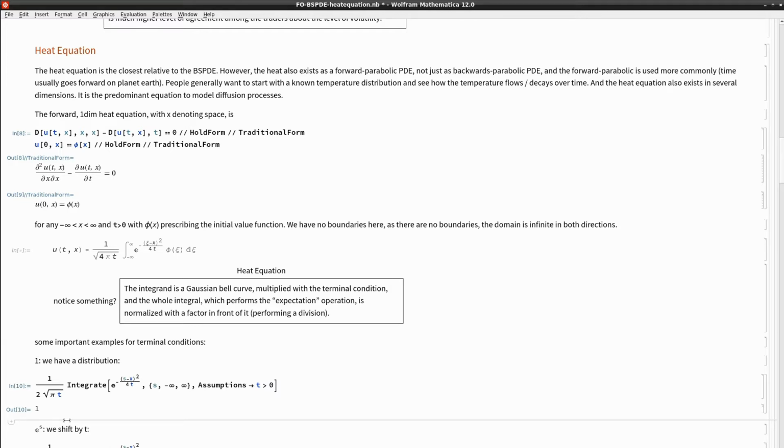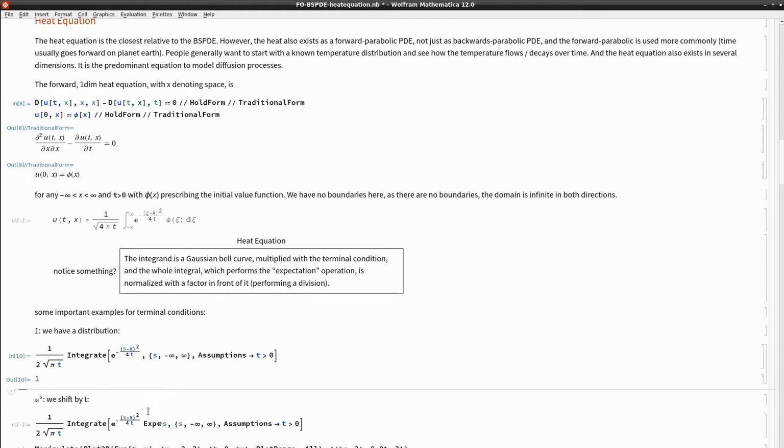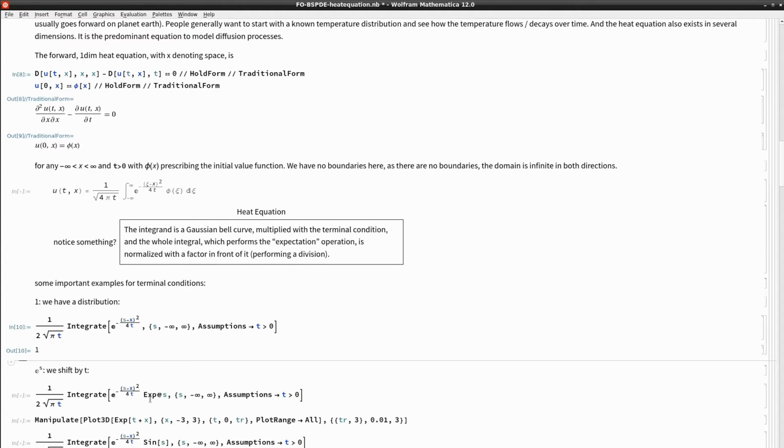This is exactly the normal distribution that we've seen last time. When you integrate this from minus infinity to infinity and you get a 1, you have a distribution. And another example, let's multiply with e raised to the power of the integration variable. In this case, it's s.